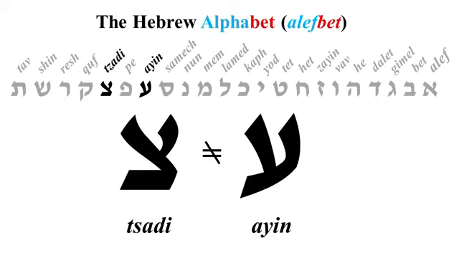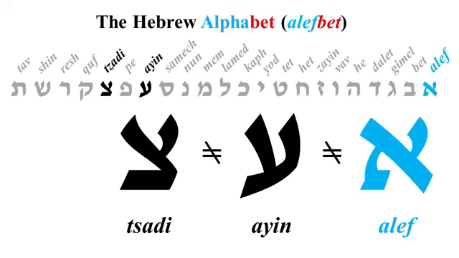They kind of look similar, okay? Nor is the ayin the letter aleph. And although it looks nothing like an aleph, the sound that it makes can often be confused, because the ayin will often make an ah sound. And we'll see an example of that later in the video.